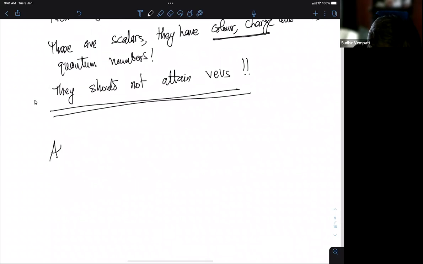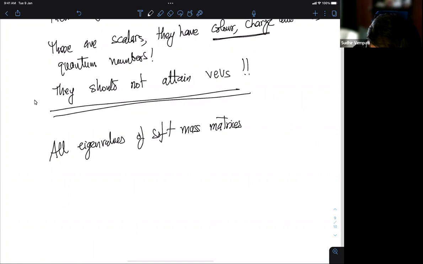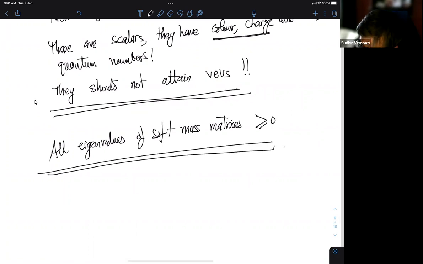So this puts the condition that all eigenvalues of the soft mass matrices should be greater than 0. That means the determinant should always be positive.